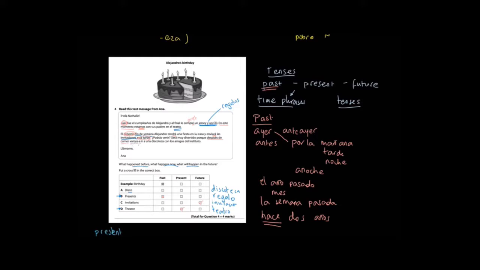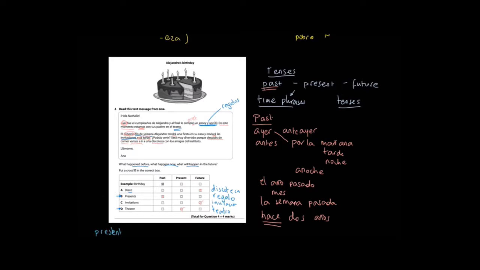And notice here, vamos a ir. We are going to go, that's near future. And here we've got la discoteca, okay? So discoteca, that's going to be future, okay? So do pay attention in these exercises to time phrases, verb tenses, and of course, vocabulary is also important, okay?